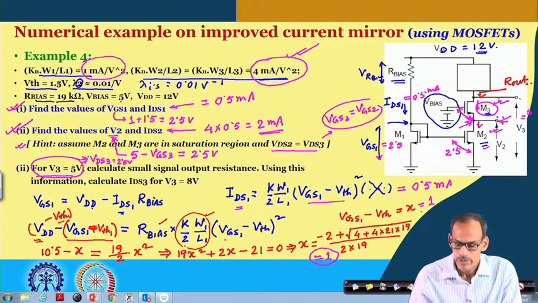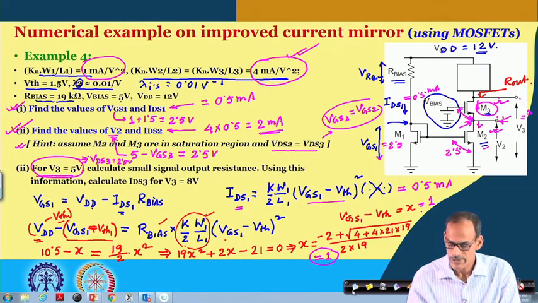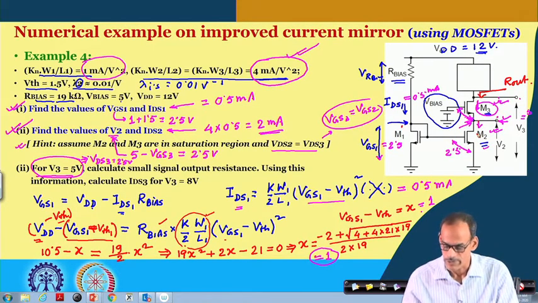So, I am going to erase this board to create some space for the next calculation, but please keep in mind that the current flowing in this branch is 0.5, and the current flowing here is 4 times that, 2 milliampere.